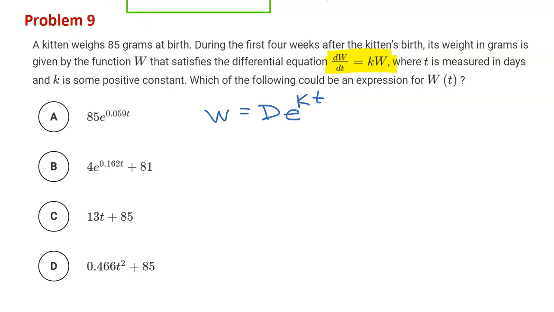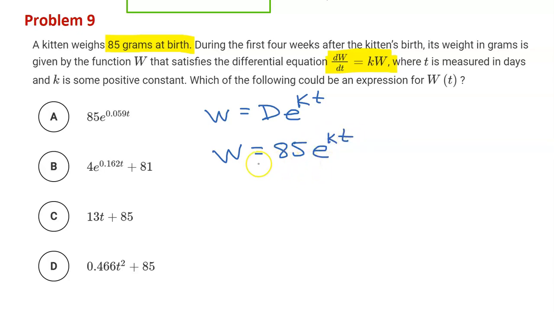Did they give us the initial amount D? A kitten weighs 85 grams at birth. That's the initial amount. D is always the initial amount of whatever it is. So the equation becomes w equals 85 times e to the kt.